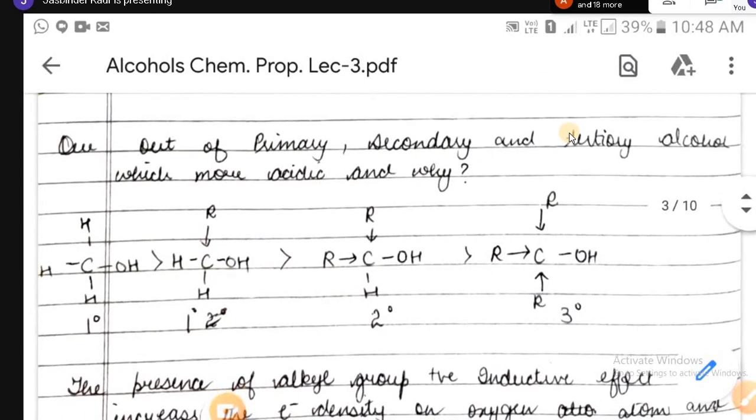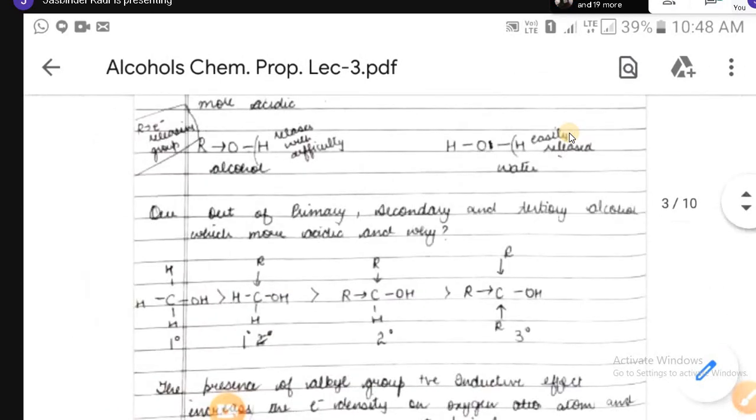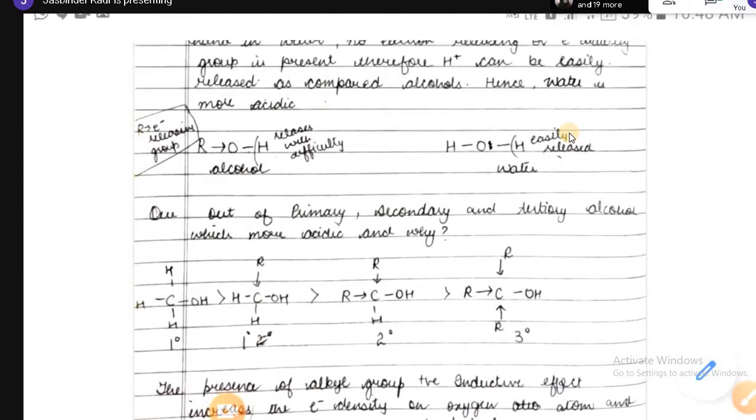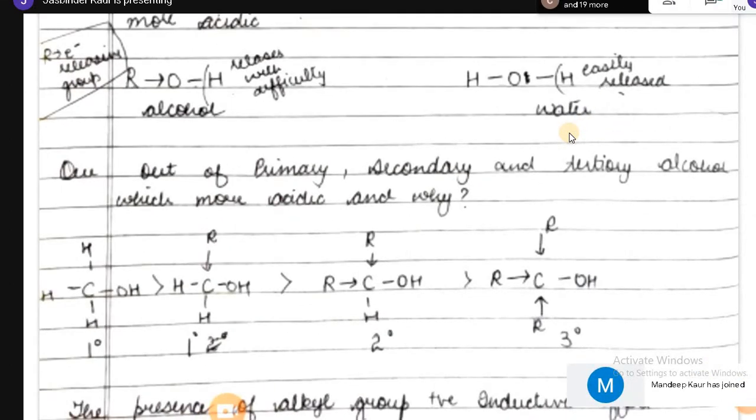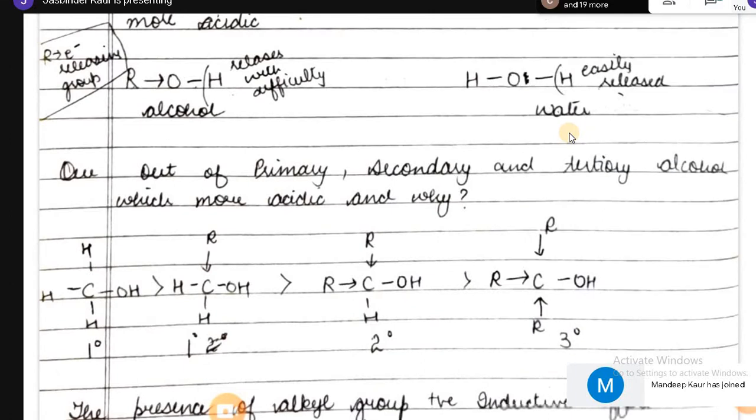These alkyl groups increase the electron density on carbon, which in turn increases electron density on oxygen. Therefore, oxygen has no tendency to attract electrons towards itself from hydrogen, so H+ release will be difficult.